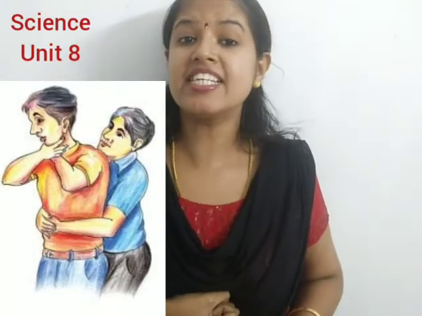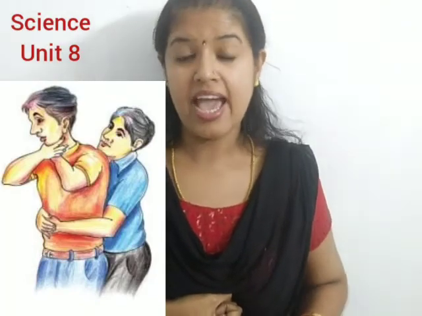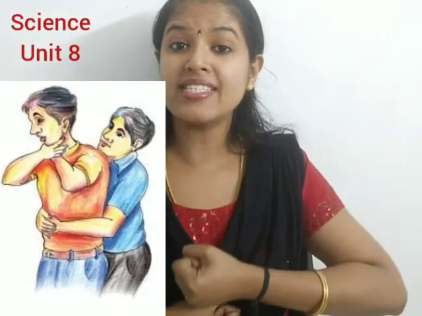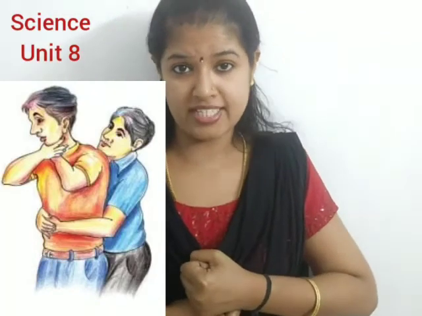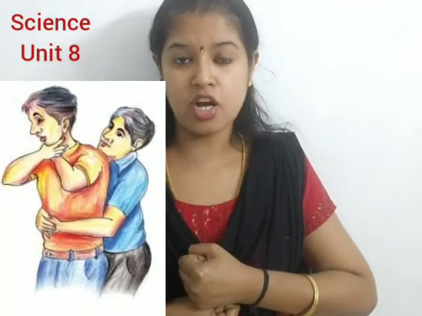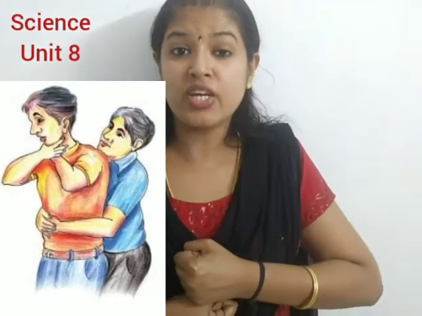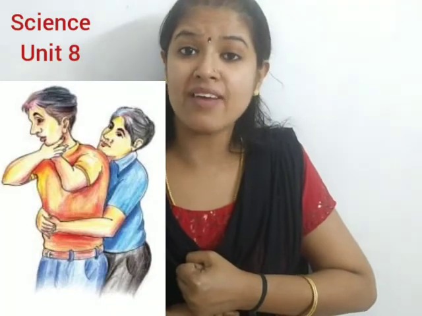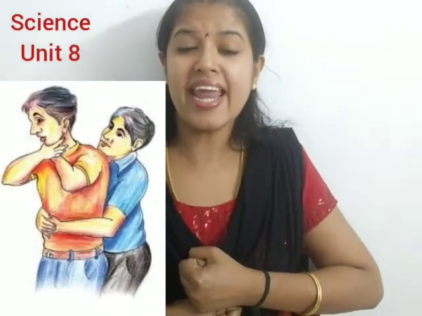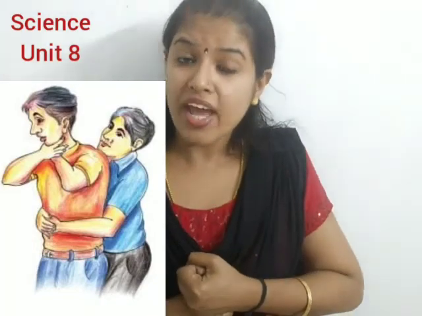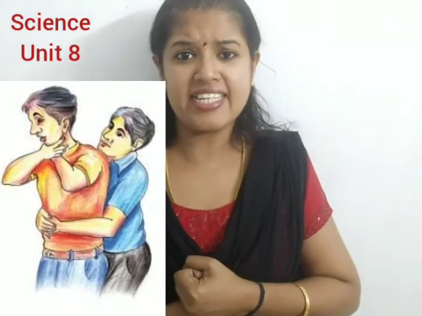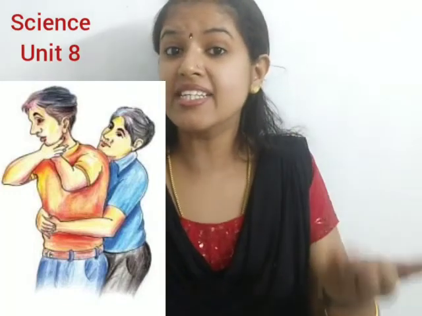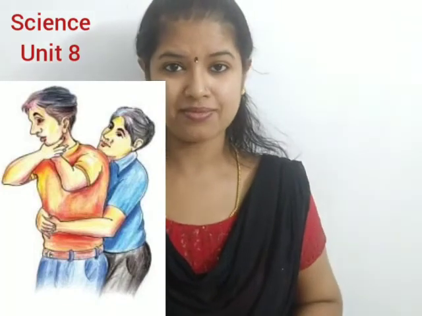And the other palm you place on top of it, not around it, on top of it. In this position you have to hold the person and press very quickly and very tightly so that the food particles can come outside.